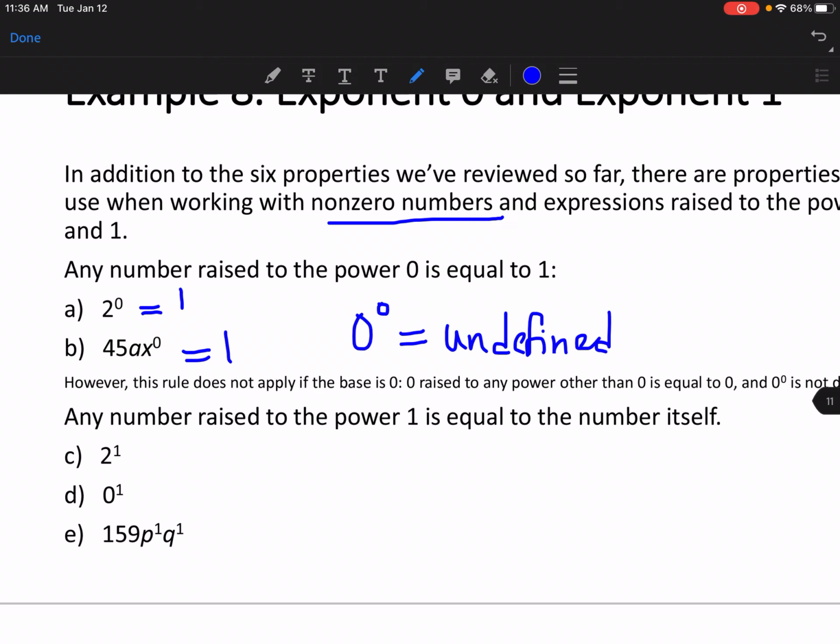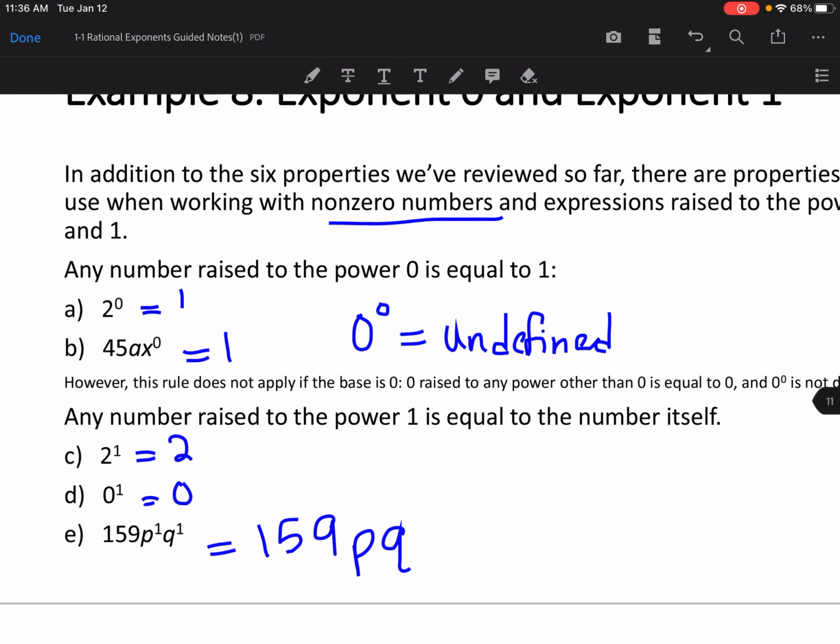Like I mentioned earlier, 2 to the first power is 2. 0 to the first power is 0. You can write 0 to the first power, but you cannot write 0 to the 0 power. 159pq to the first power will still be 159pq. p to the first power is p, q to the first power is q, so that is 159 times p times q.